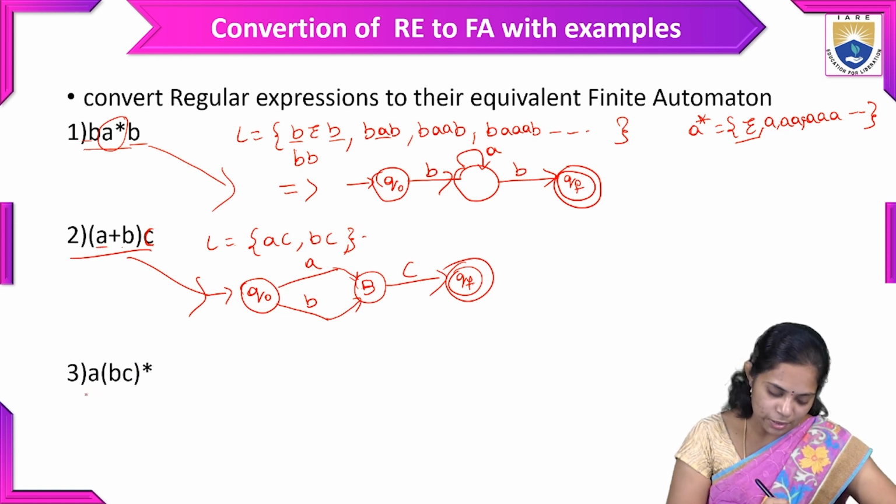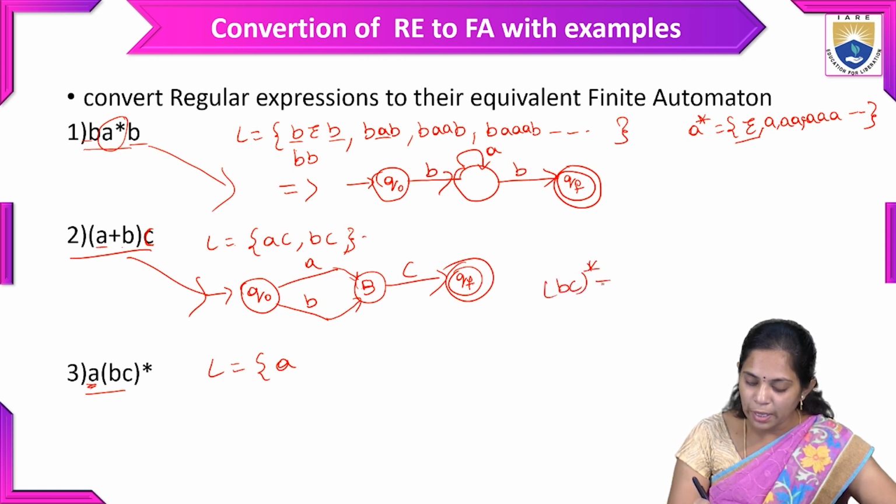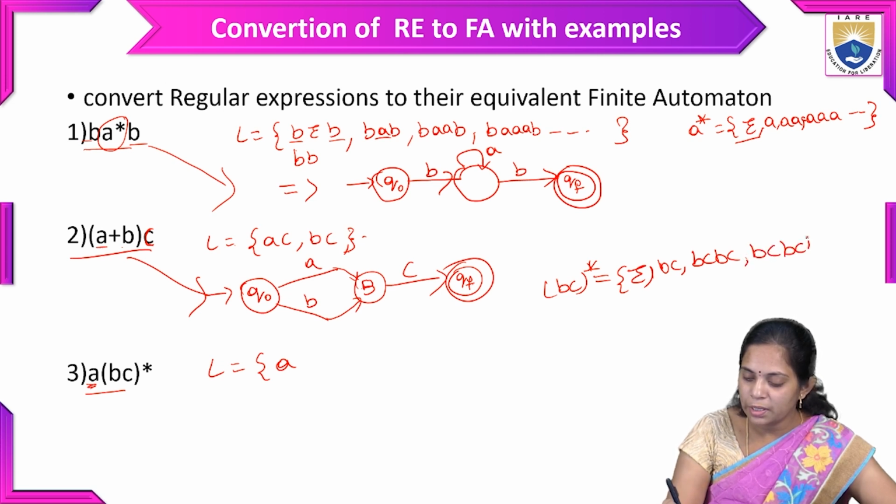And next take this A, BC whole star. So L is equal to, the start must and should be A. Here we will say that BC whole star contains epsilon, plus BC, BC BC, BC three times, and so on.